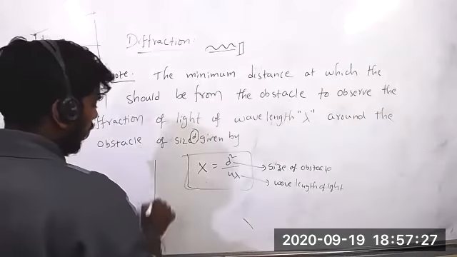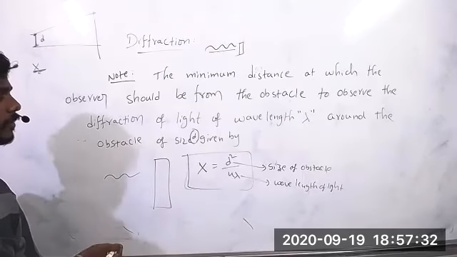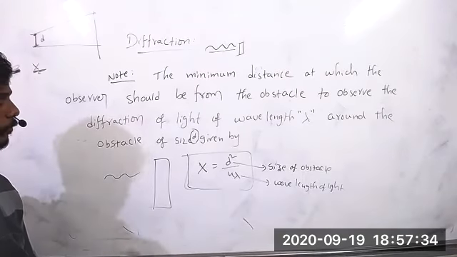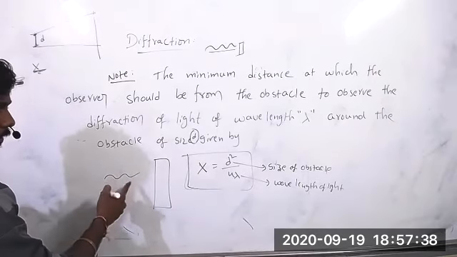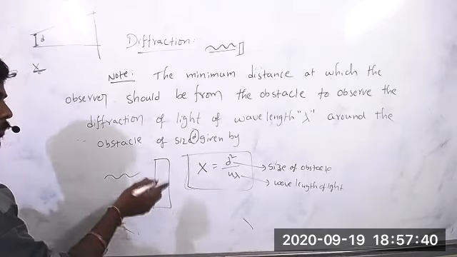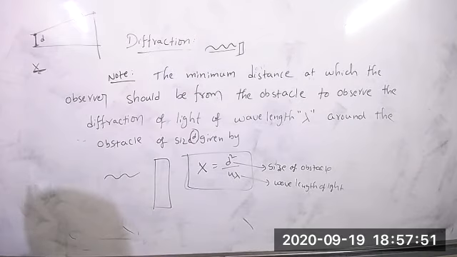If the size of the obstacle is very big and the wavelength of light is very small, then you can't see the diffraction. Both the wavelength and the size of the object should be the same, then only you can see the diffraction. If light has a very small wavelength and the obstacle is very big, then you can't find it.